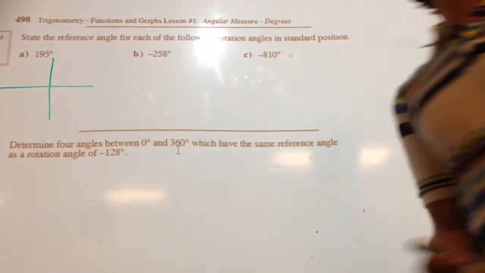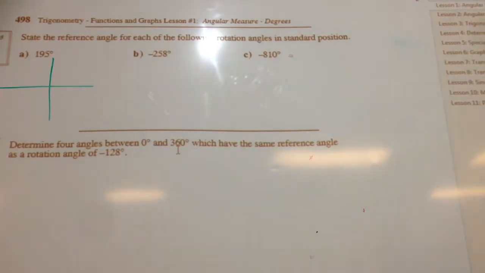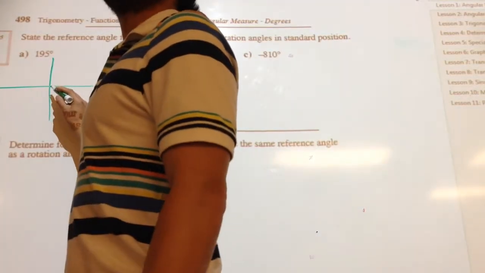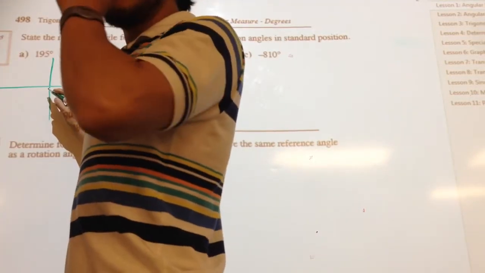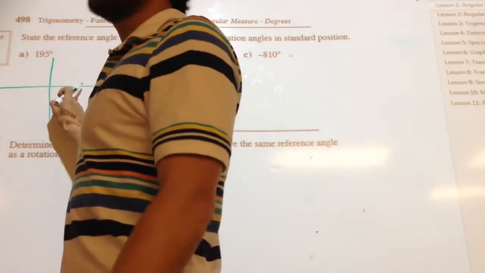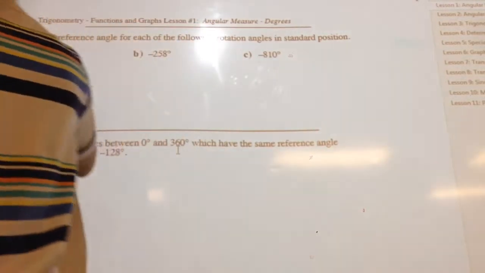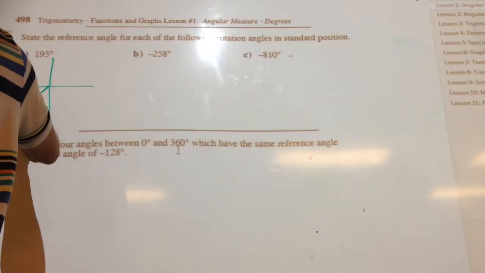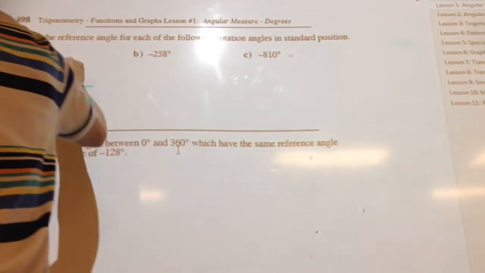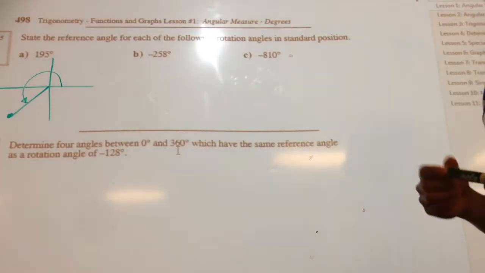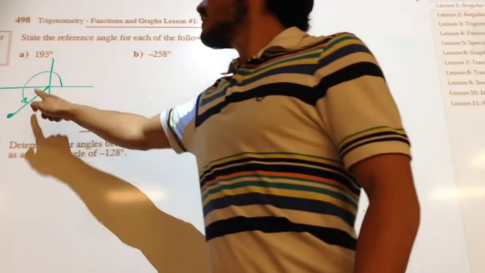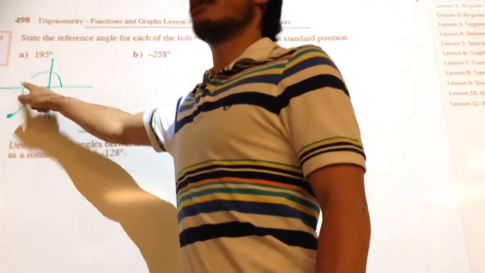If this is my unit circle here, and I'm going 195 degrees around it, in which quadrant will this angle be found? The third quadrant. Good, so it'll be around here. 195 degrees would go all the way around. In order to find the reference angle, which angle am I actually looking for? Is it right here, or is it up here?